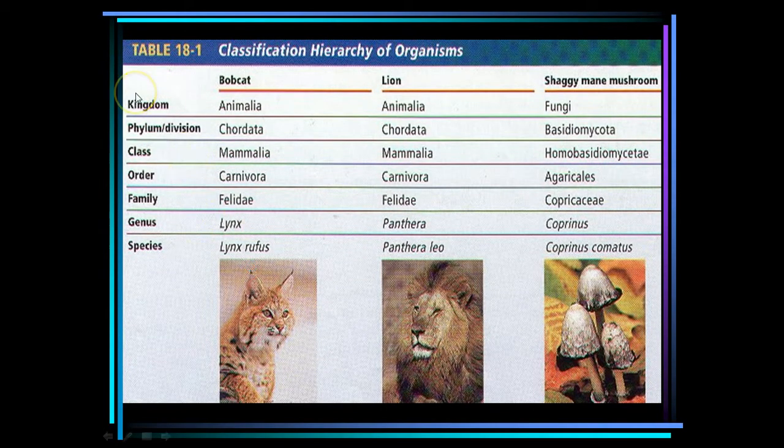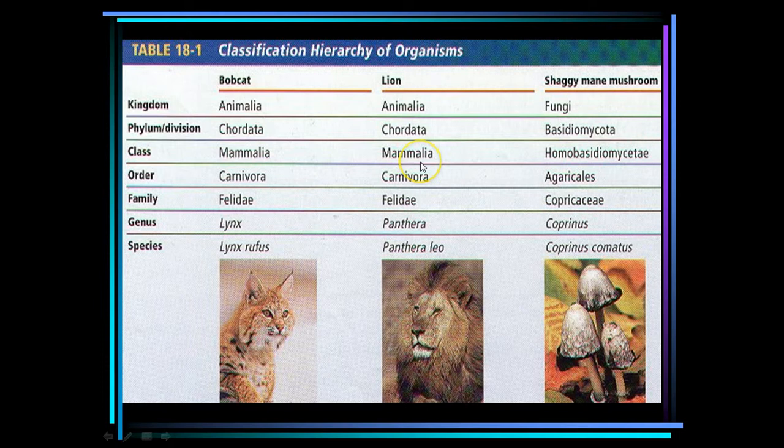Take a look here at how the bobcat, the lion, and the shaggy-maned mushroom are classified if you go all the way from kingdom down to species. Notice we have 2 from the kingdom Animalia and 1 from the kingdom Fungi. The bobcat and the lion both are in the same phylum. They're both in the Chordata, meaning chordates.